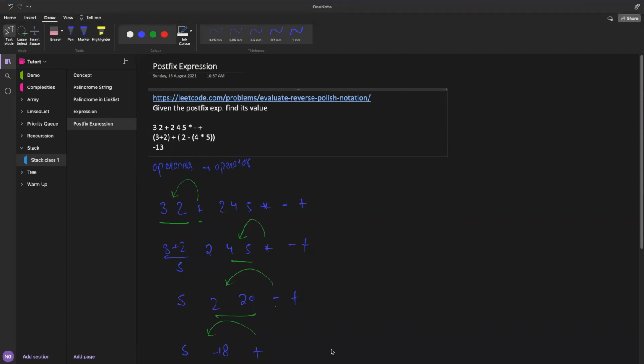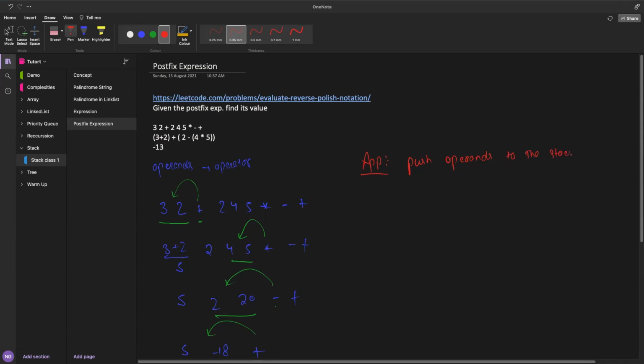Okay. So how can we solve this problem? To solve this problem, guys, listen to me. We can take a stack and push operands to this stack. Okay.